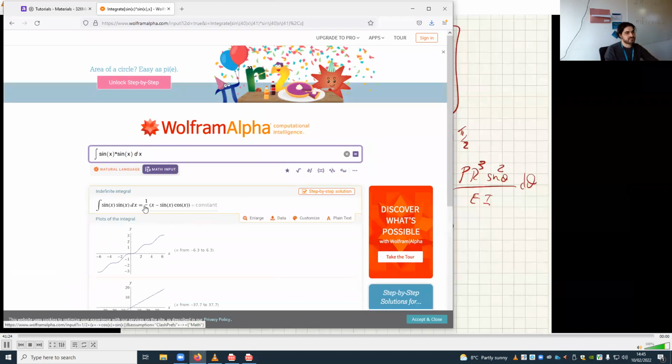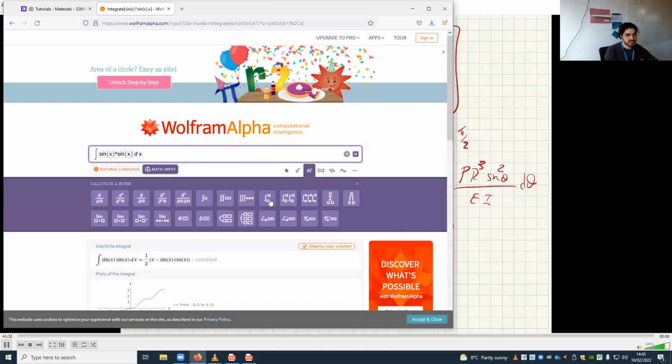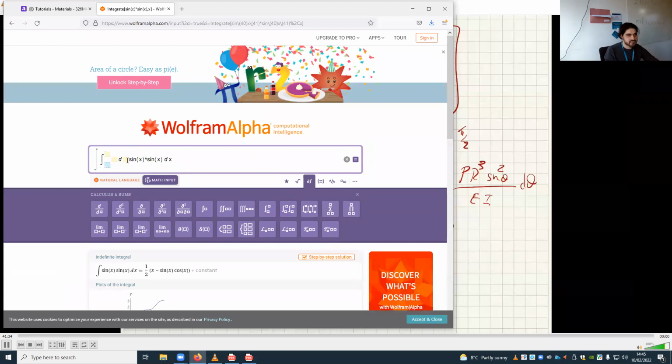And there you go, it's this beast here. But if I do the definite integral, that gives me a better thing. So let's do the definite integral of this.